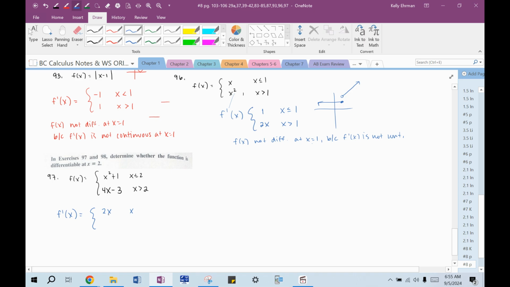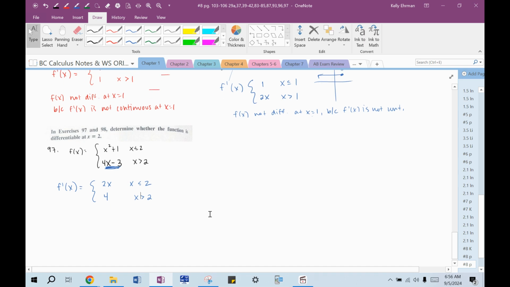So f prime of x is 2x if you are less than or equal to 2. And then this is a linear function. Its slope is 4, so I know the derivative is 4 for x greater than 2. And so is this derivative graph continuous or not? That's all we're looking for, is a discontinuity. So here it's continuous, right? Because when I plug in 2, I get 4. And so to the left, we have something like this.